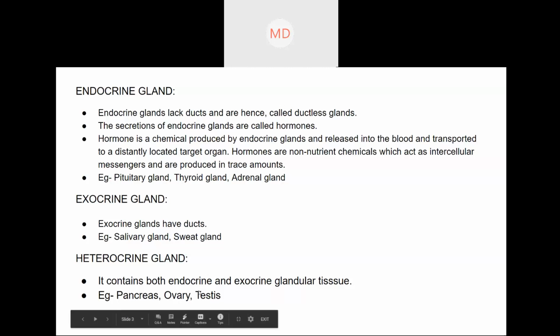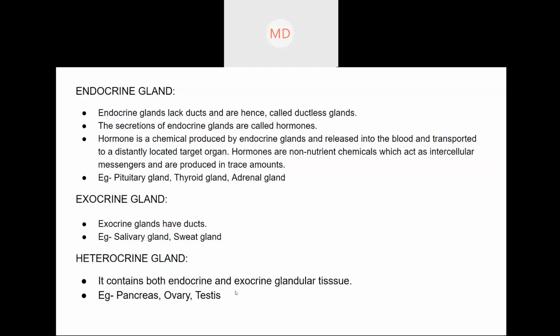So for males, testosterone is produced by the testis, and this is the endocrine part. For pancreas, it is insulin and glucagon. For ovary, it is estrogen and progesterone. For testis, it is testosterone.